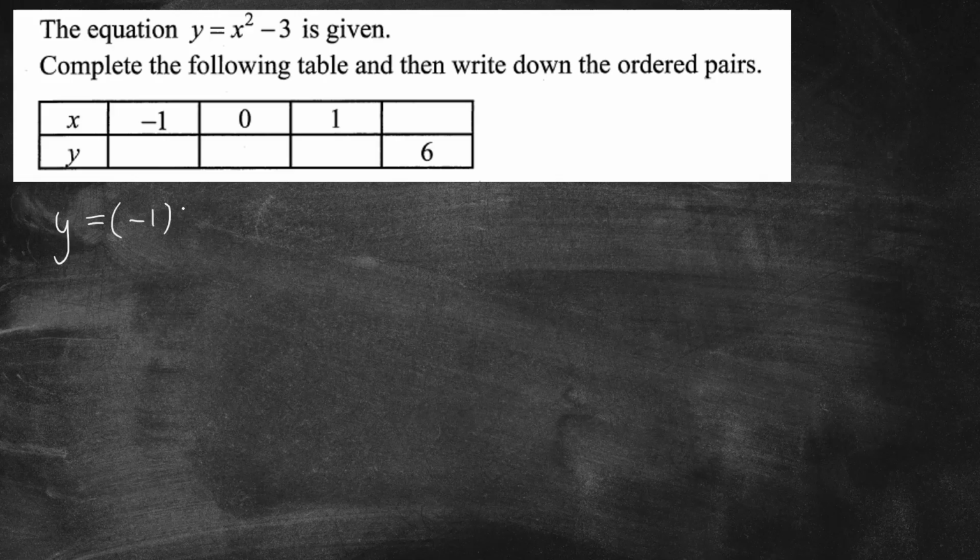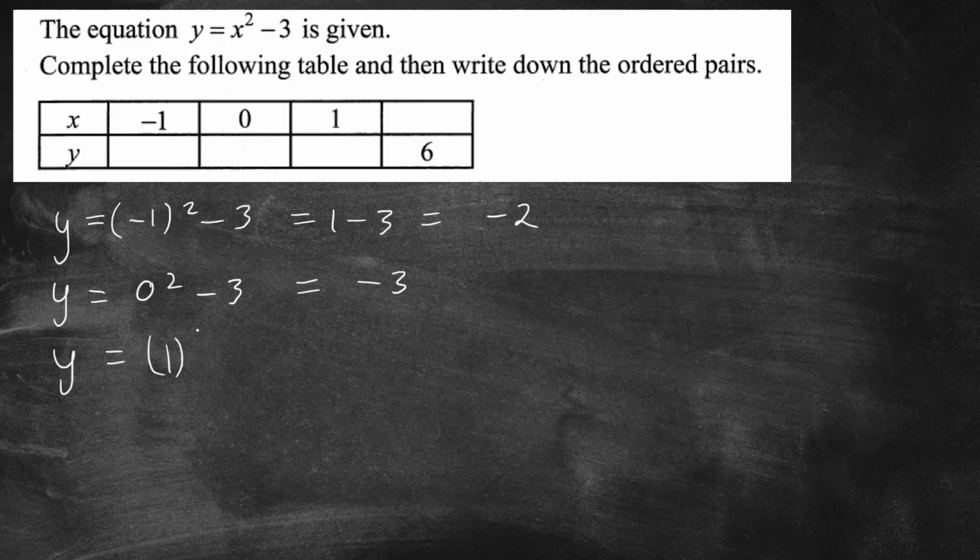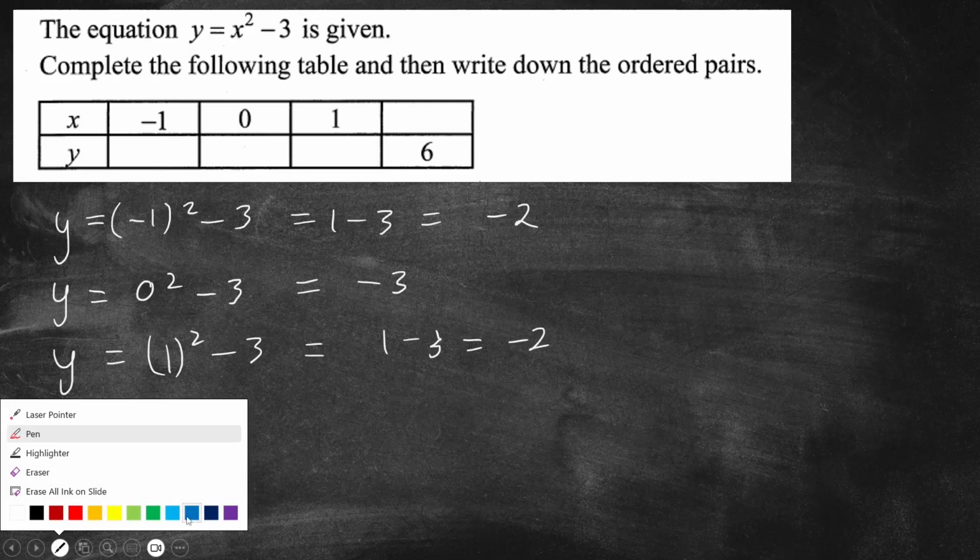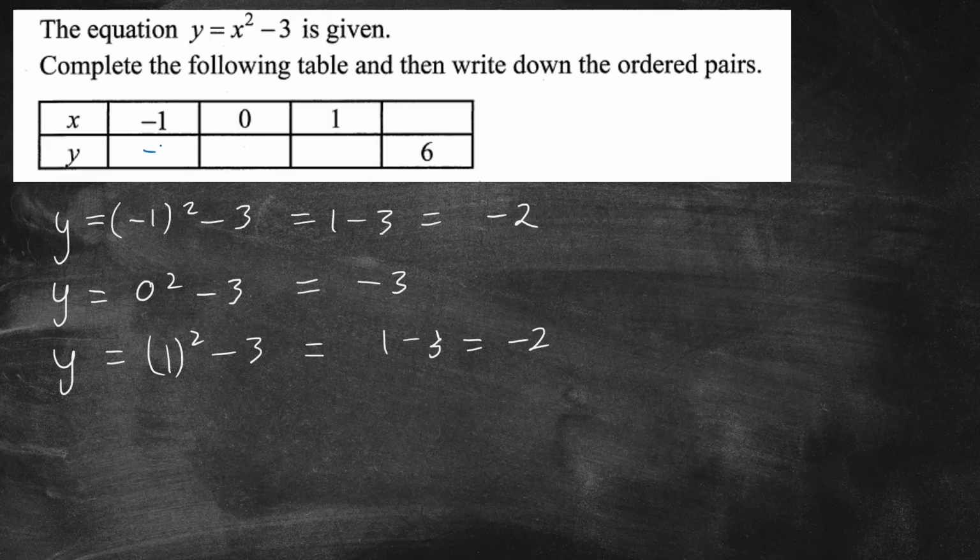So y equals -1 squared minus 3, that gives us 1 minus 3, which gives us negative 2. And then y equals 0 squared minus 3, which is equal to minus 3. And then y equals 1 squared minus 3, which is 1 minus 3, which is negative 2 again. So we can just fill these values in. That's going to be minus 2, minus 3, minus 2.